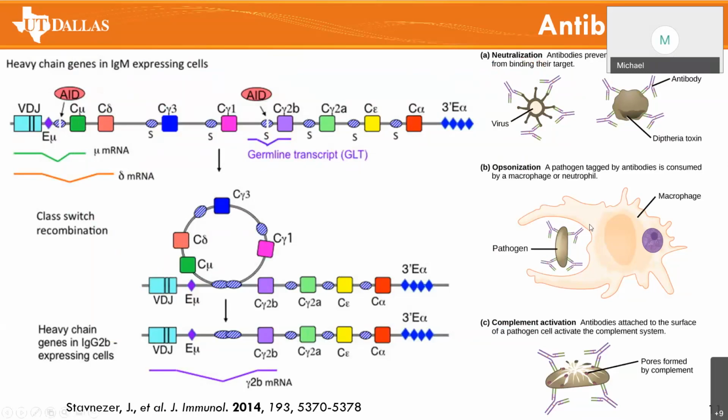Then you have opsonization, where antibodies bind to pathogens, and then the antibody binds to an Fc receptor to tell the immune cell to phagocytose it. Your last method is complement activation, where the antibodies bind to the bacteria, and through a cascade of events, it causes pores on your pathogen, forcing it to apoptose.